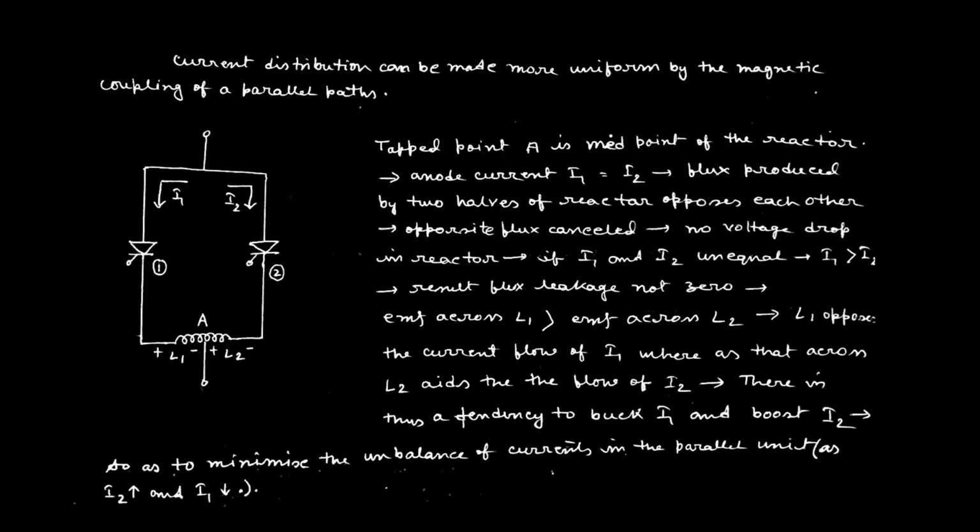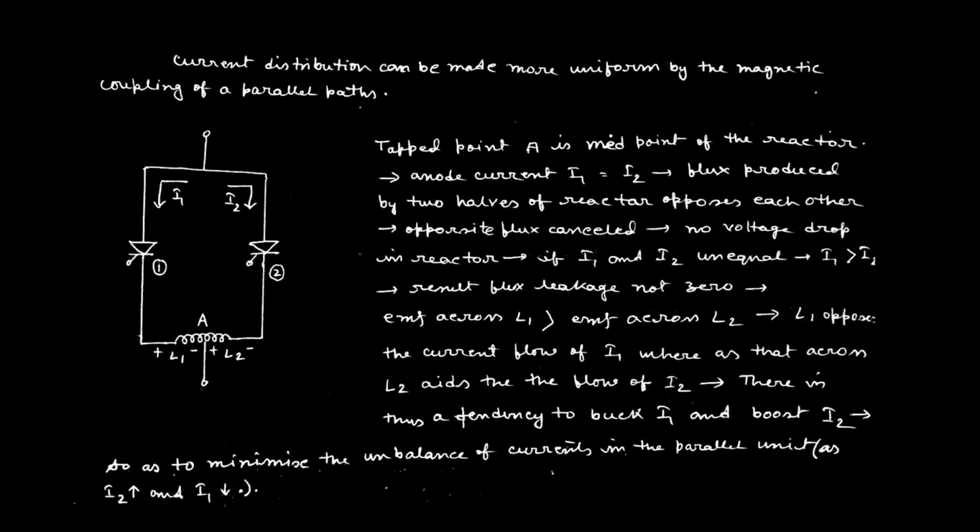That is why both inductive effects were cancelled by each other, and the net outcome was zero. That is why we can say there was no disturbance. If I1 is greater than I2, in this scenario, the EMF across L1 will be greater than the EMF across L2.